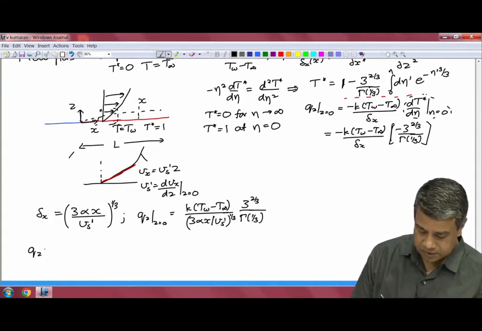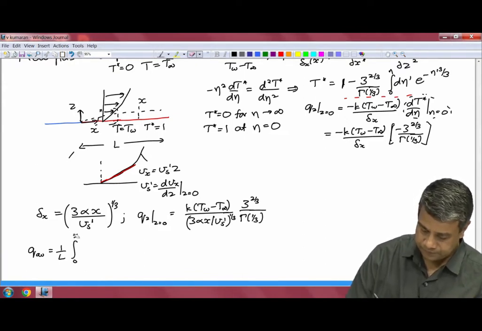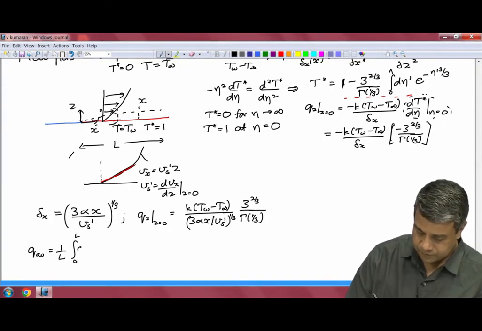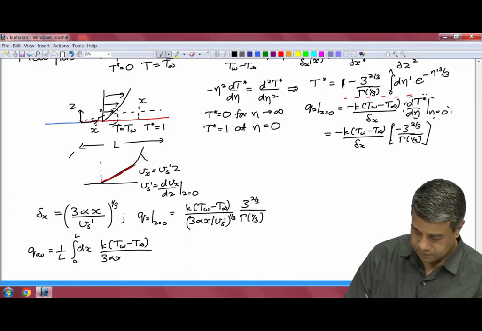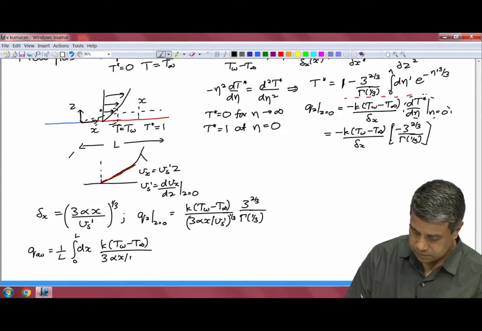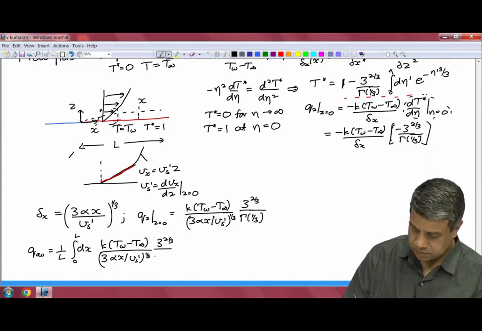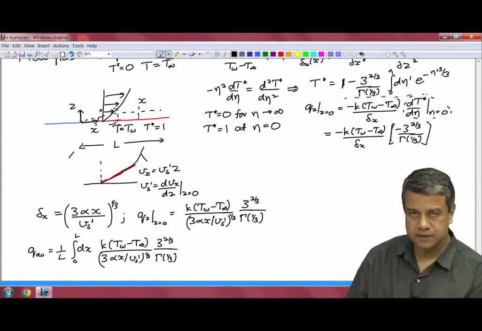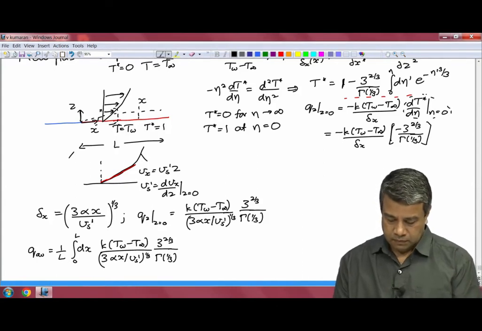Q average is 1 by L integral 0 to L dx into k into (Tw minus T infinity) and so on.